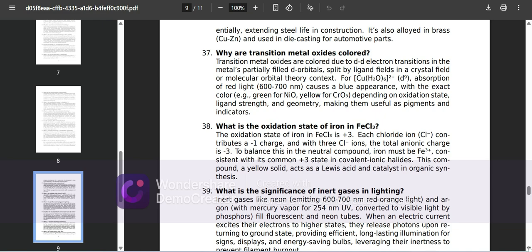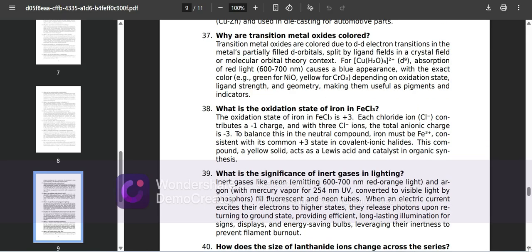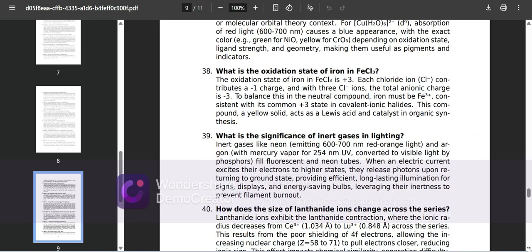Contrast Cu(H2O)6 2 plus, d9, absorbs red light, 600 to 700 nanometer, causing a blue appearance with complementary color. Example: green for NiO, yellow for CrO3, depending on oxidation state, ligand strengths, and geometry, making them useful as pigments and indicators.